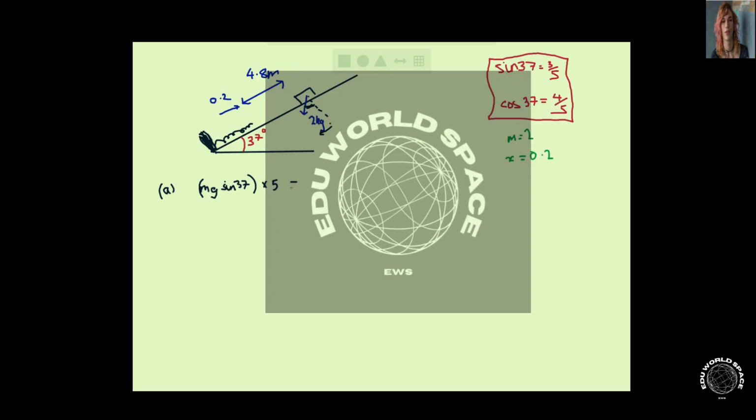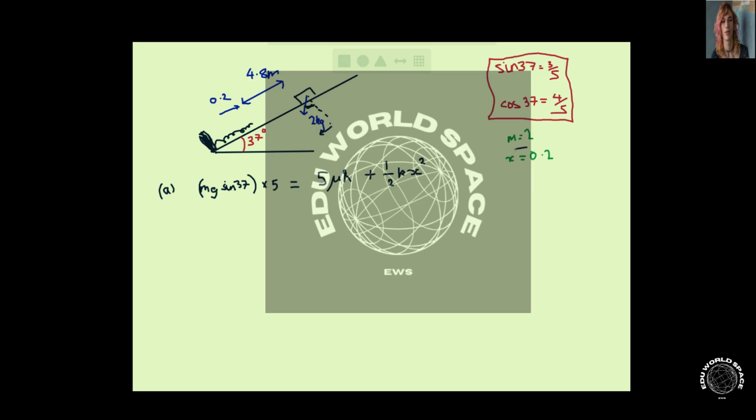And this must be equal to the work done against friction, where the frictional force is given by mu R. So again, multiplied by the distance, we've got 5 mu R plus the elastic potential energy due to the compression of the spring, which is given by 1/2 kx squared.